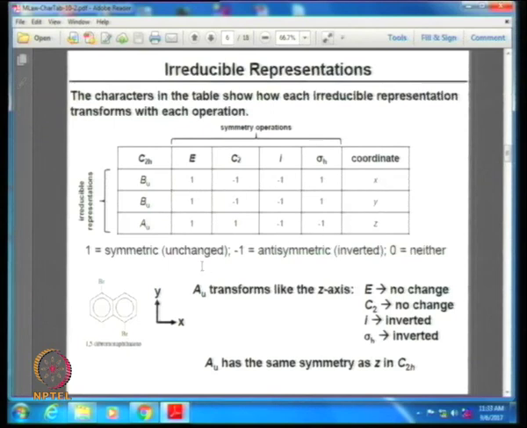And the other thing is that for a particular axis x, you have to see what its fate is under each of the elements. If nothing happens to it, then we get a character 1, and if it gets flipped, then we get a character -1, and if it is neither, then we get actually 0. If it is not definite, that is the rule about characters.